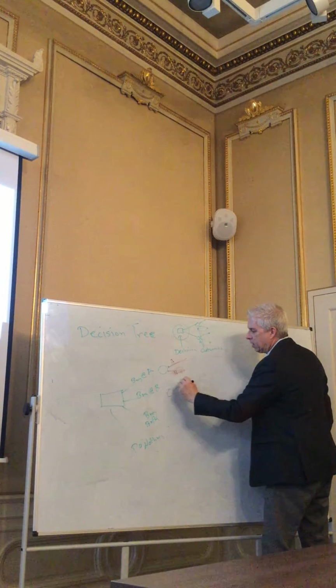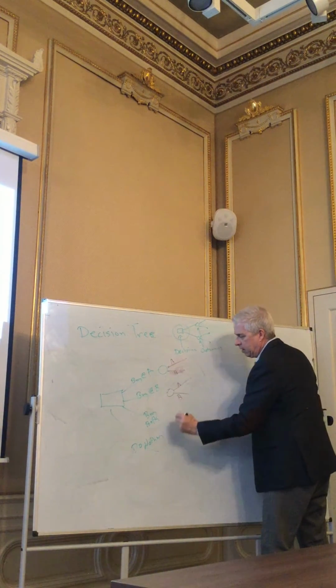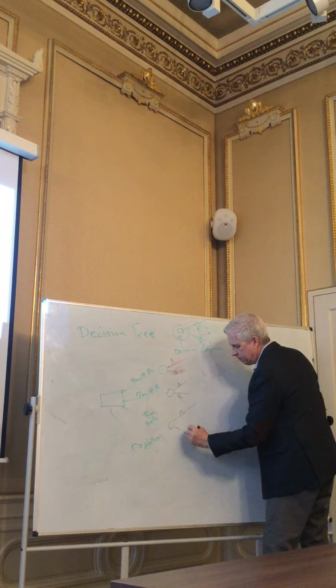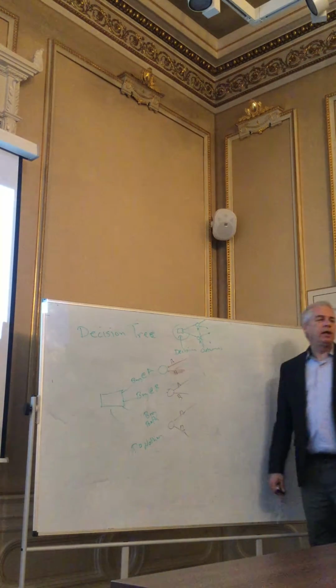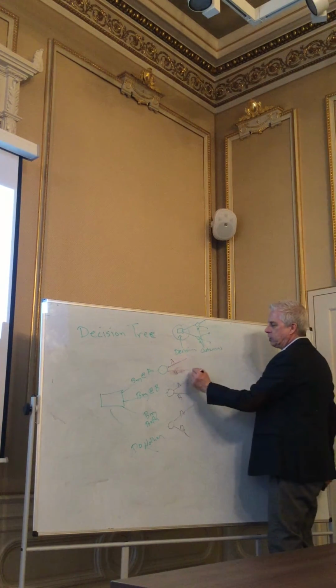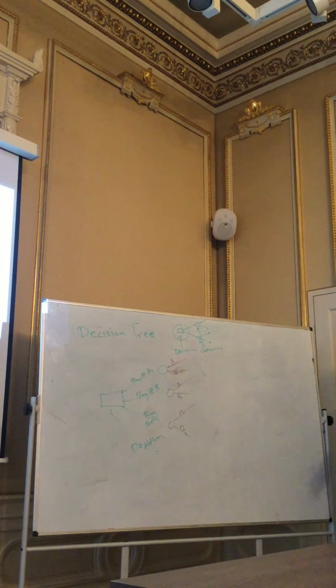If we buy at B, it could be A or B. If we buy both, it could be A or B. And if we do nothing, it doesn't matter, so I'm not going to add anything to that branch. So this is essentially our whole decision tree for this first Magnolia problem.